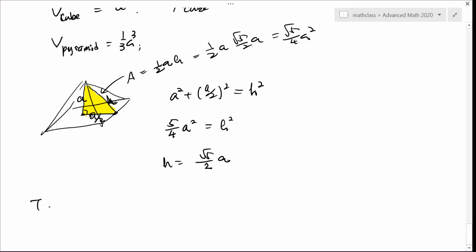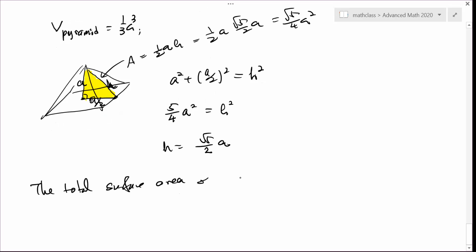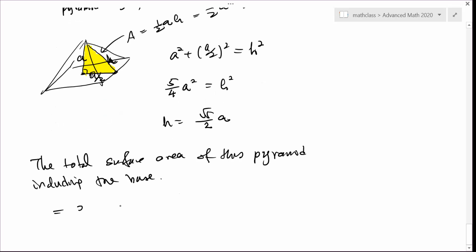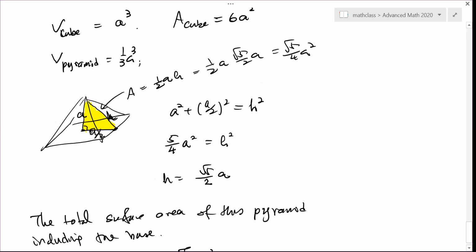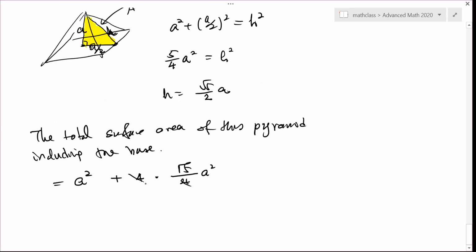So the total surface area of this pyramid, including the base at the bottom, the base is A squared. Then you have 4 triangles, right? So add them together, you get A squared plus square root 5 A squared, right?